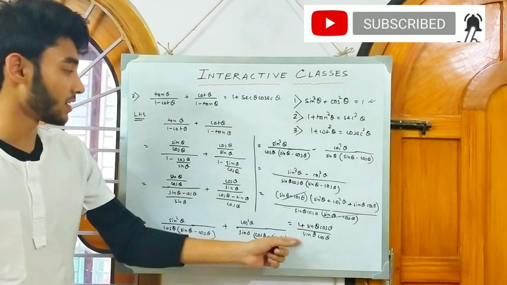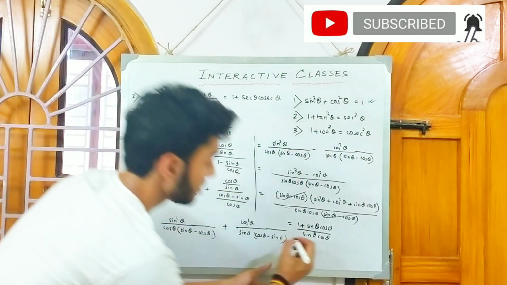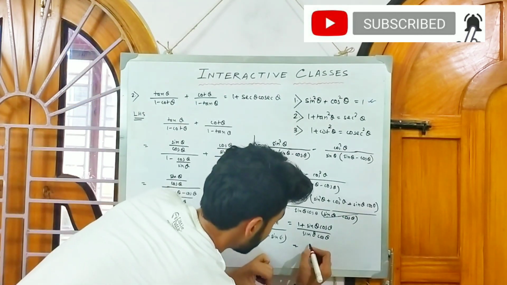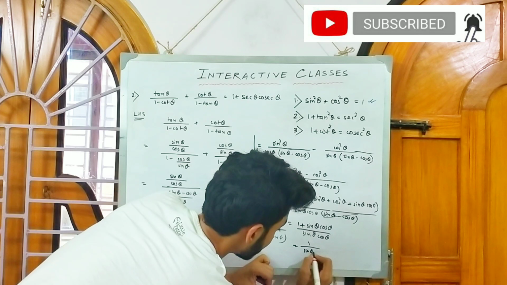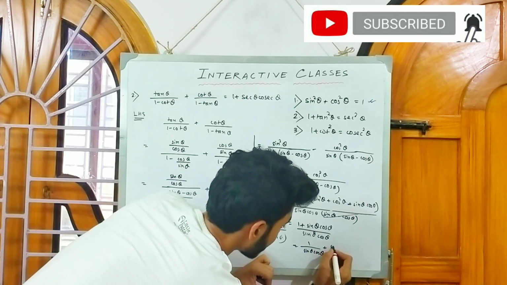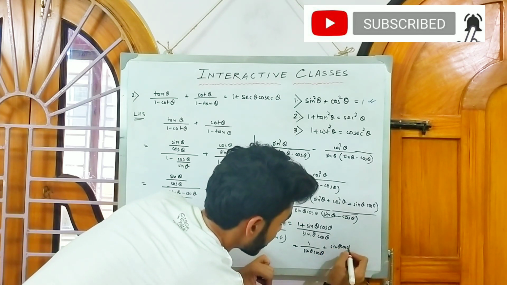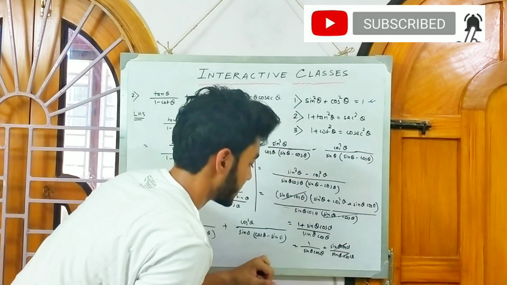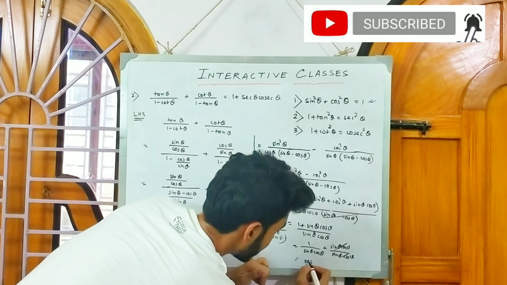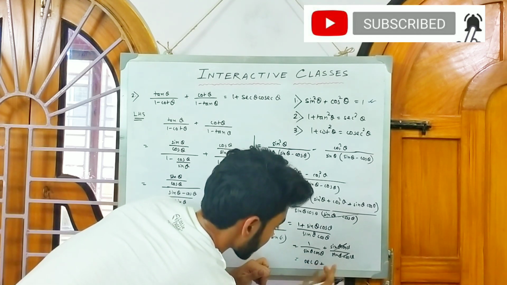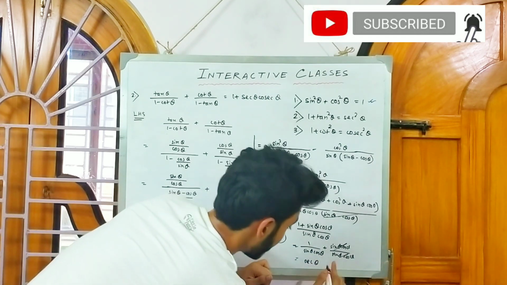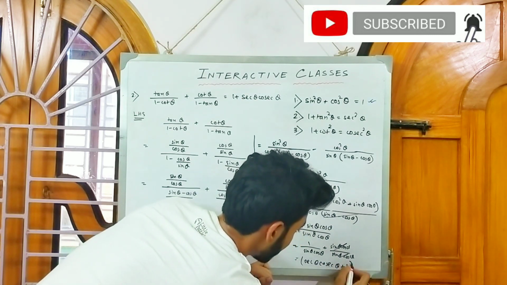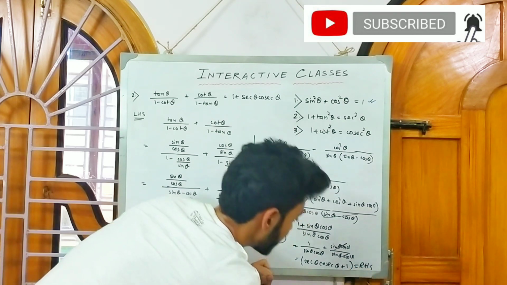Now if we add individually, we get 1 by sin theta cos theta plus sin theta cos theta by sin theta cos theta, and the latter gets cancelled to 1, and we get sec theta cosec theta plus 1, which equals RHS.